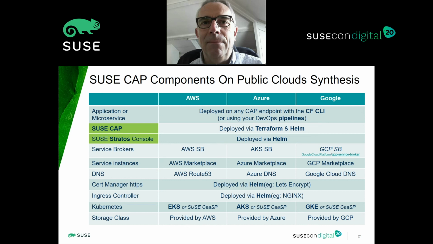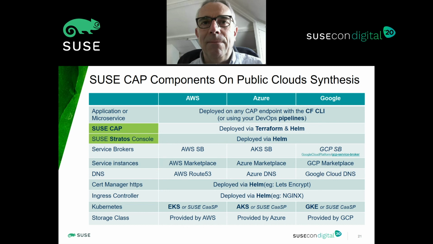In terms of DNS, you may choose between various options between one of these clouds, but every one of them can ensure a public DNS service for any of your CAP instances. The cert manager is deployed inside your clusters through Helm as well. The ingress controller is also a component on top of Kubernetes that is deployed through Helm.